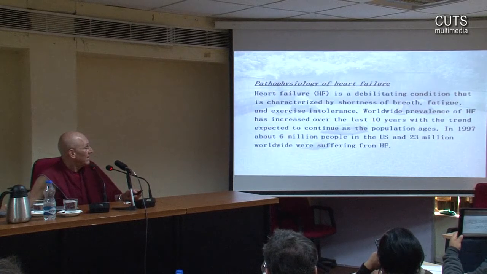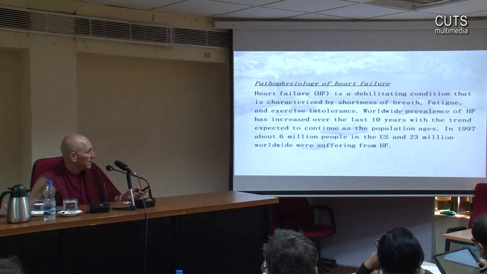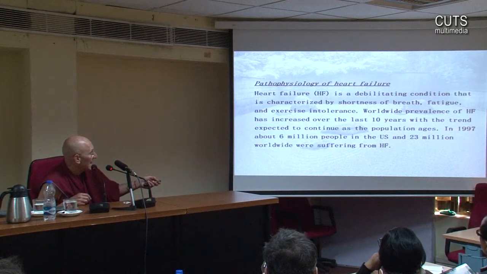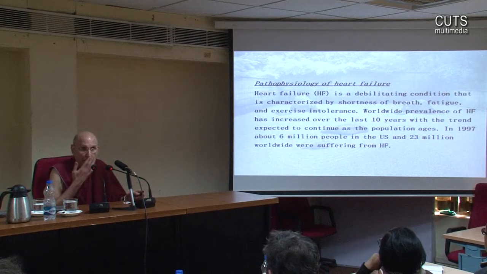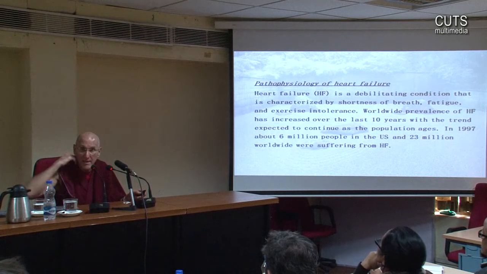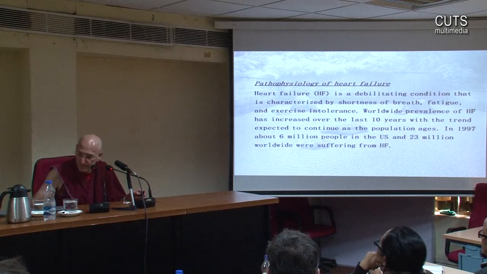Good. And then we talked about the physiology, that it's common. In 1997, there were 6 million people in the U.S. and 23 million worldwide who had, at that time, heart failure. Okay, it's quite common. The numbers are increasing as the population ages.